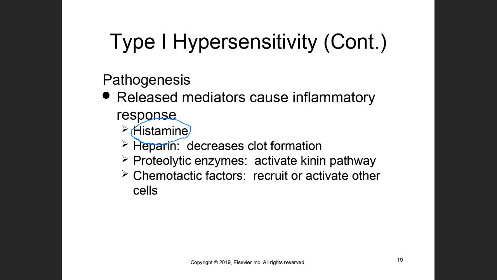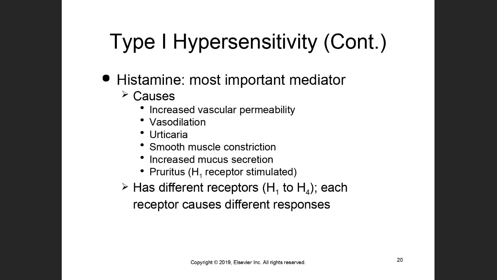It's extremely potent, a vasodilator, okay, and produces inflammation. The most important mediator causes increased vascular permeability, vasodilation, urticaria, and so on. We have different receptors, H1 to H4. That's why one of the treatments is antihistamine. The antihistamine is a medication that blocks those receptors, especially H1 and H2.